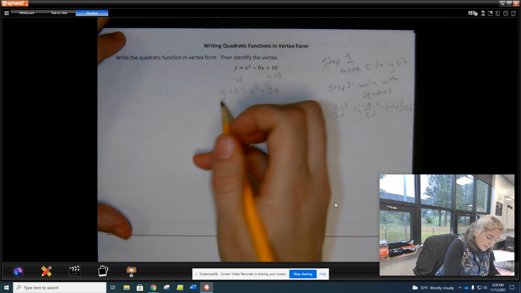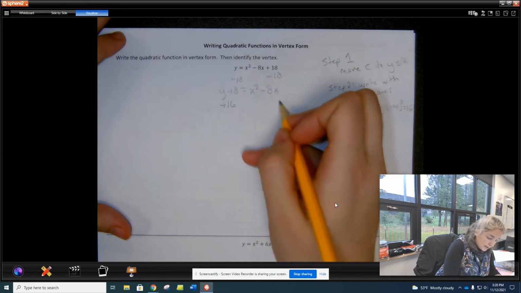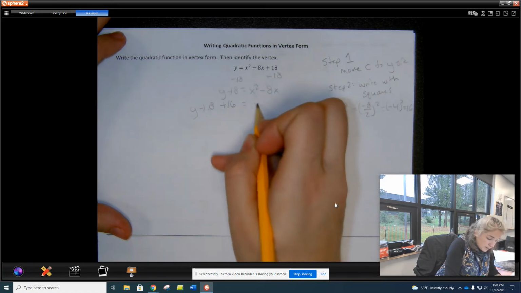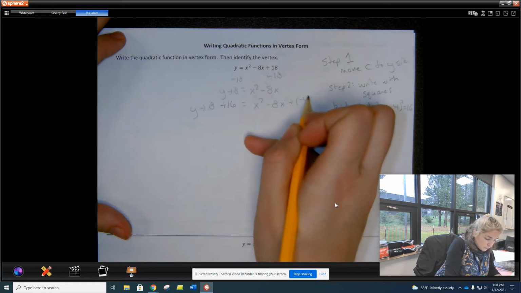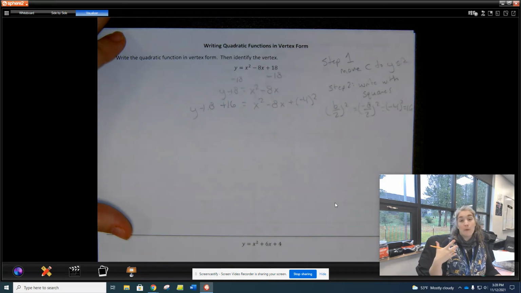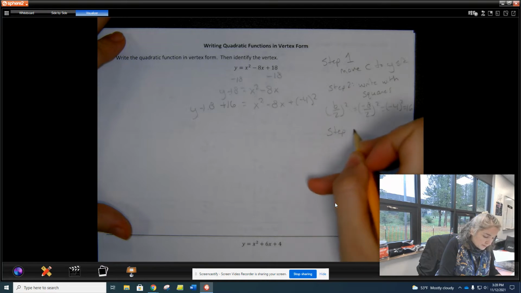So on this side, I'm going to add my 16, so y minus 18 plus 16. And on this side, I'm going to add my negative 4 squared. Again, I write it like that because in the next step, it helps remind me of how I need to factor in order to get a perfect square. So that's step 3.